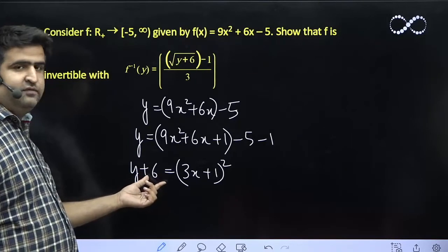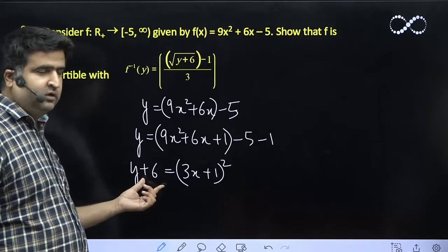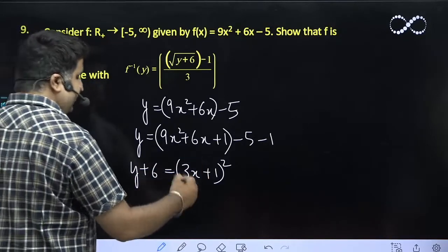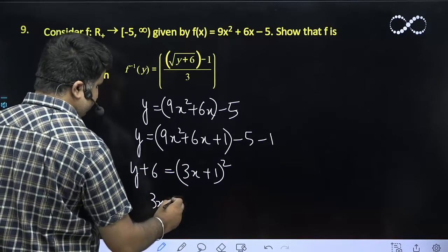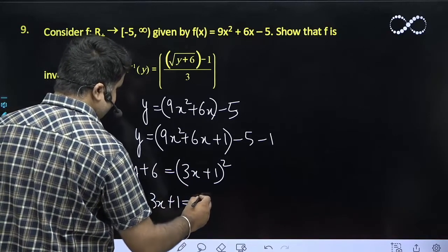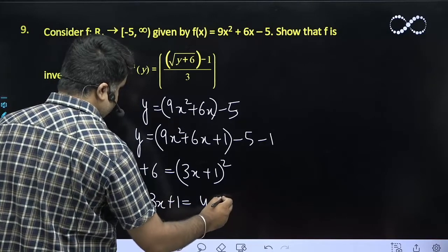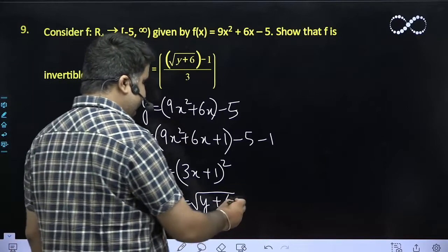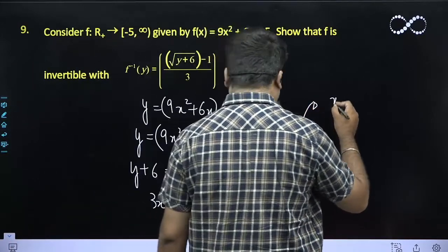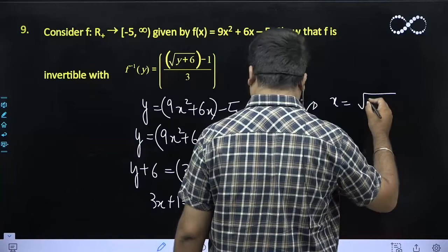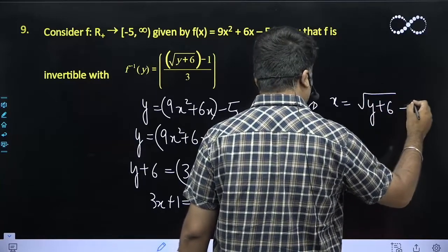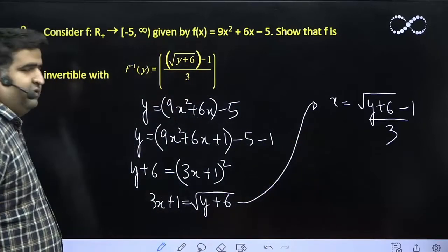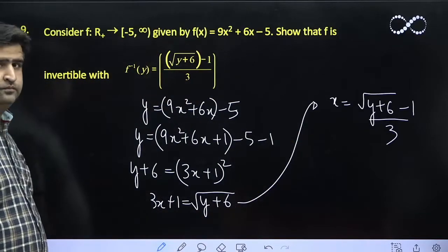If the left hand side is positive, the right hand side will be positive, so we'll only be dealing with positive cases. So we get 3x plus 1 is equal to root of y plus 6, right? So if you calculate the value of x from here, you get x is equal to (root of y plus 6, minus 1) upon 3. So this will be the inverse of f(x).